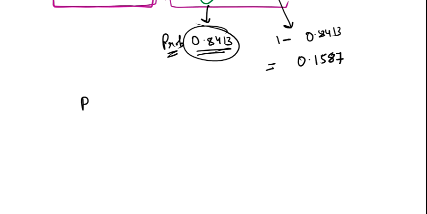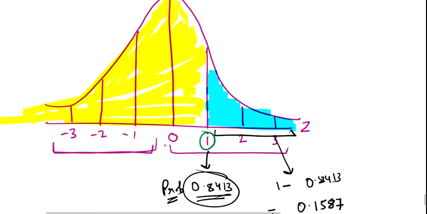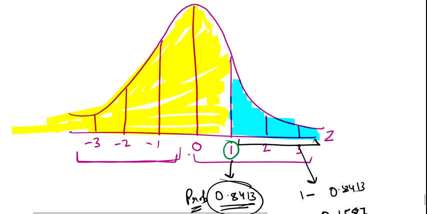Clear? So you can write down two things. Probability for z less than 1 is 0.8413. Probability for z greater than 1 is 0.1587. Now hopefully you got the idea that the table we have only gives the probability towards the left.